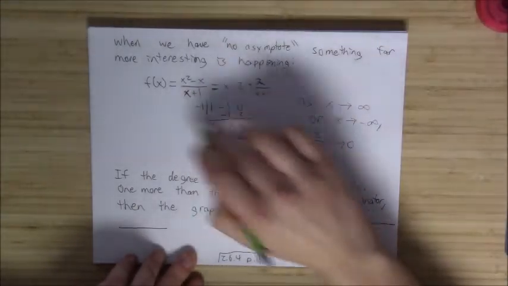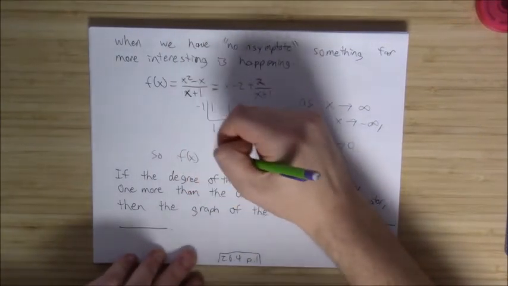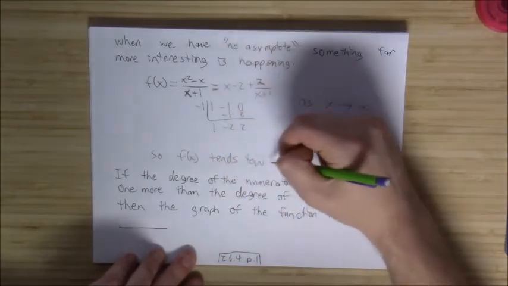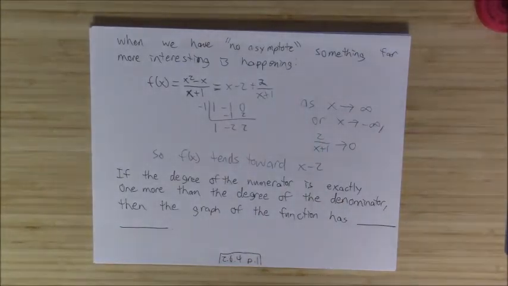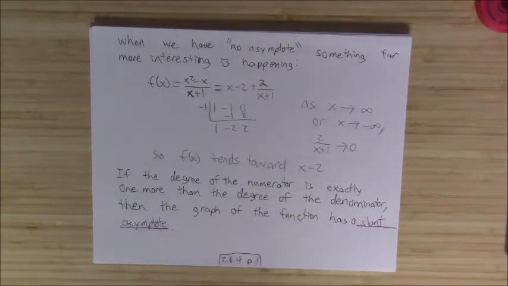In other words, f of x tends toward x minus 2. Namely, if the degree of the numerator is exactly 1 more than the degree of the denominator, then the graph of the function has a slant asymptote.